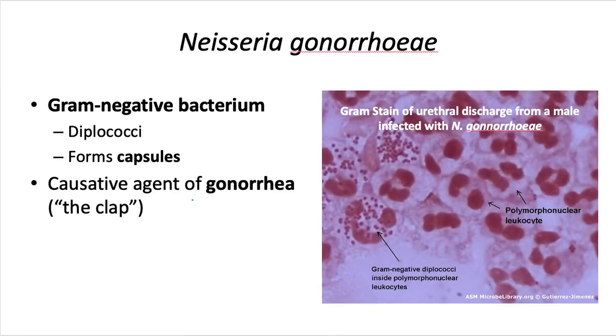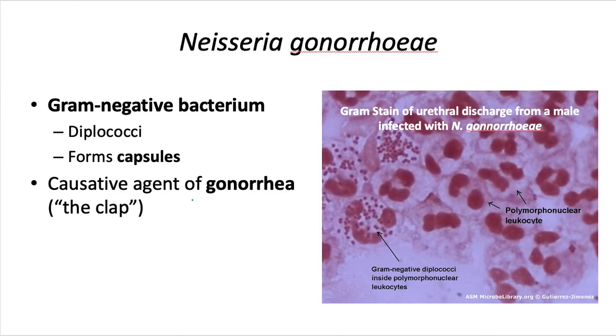All right, we're going to move on now to gonorrhea. Gonorrhea is a gram-negative bacterium. We've seen Neisseria before when we talked about meningitis. And so, like Neisseria meningitidis, Neisseria gonorrhea is also a gram-negative bacterium that forms diplococci cells.